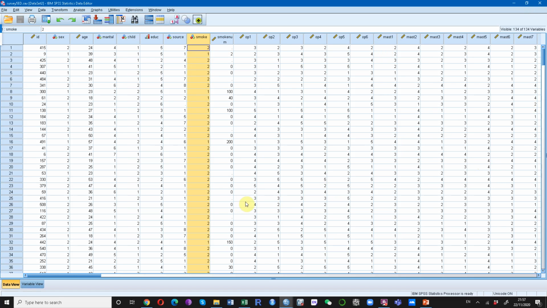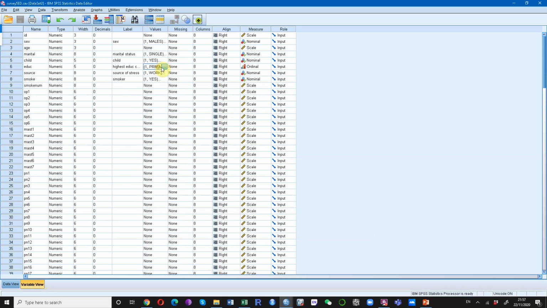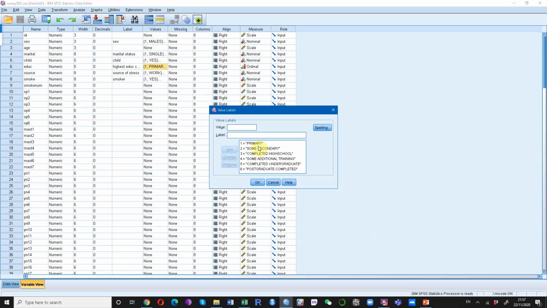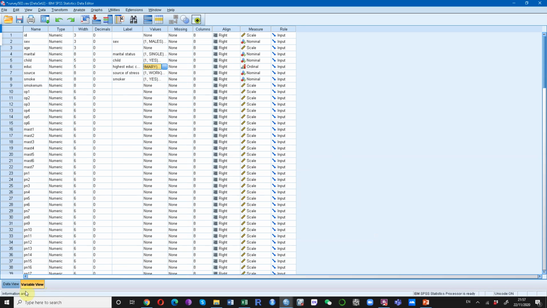So of course, smoker, non-smoker is just two categories, but we could do this for categorical variables with more categories. Education, of course, we know has a lot more categories: primary, some secondary, completed high school, and so on.